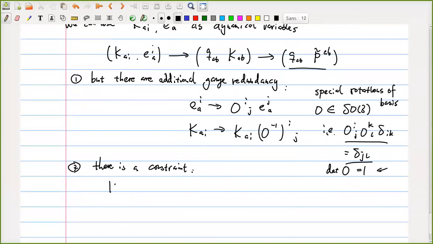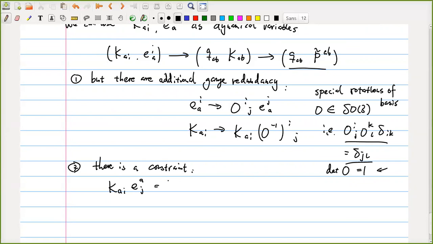We consider K_A^I e_I^J. K_A^I is like the second slot of K_AB, with components replaced, but now I contract with the triad e.